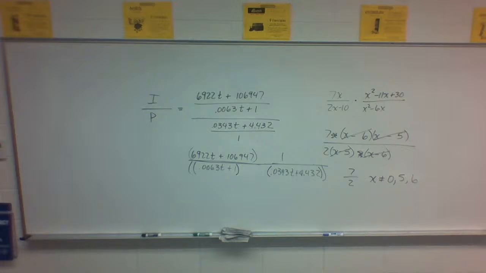Plus one, close it, open another. 3 times 10 plus 4.432. Close it, close it. I got the same, exactly how I typed it. Anybody having trouble getting 34,707?